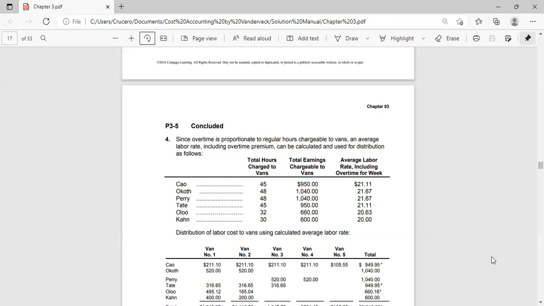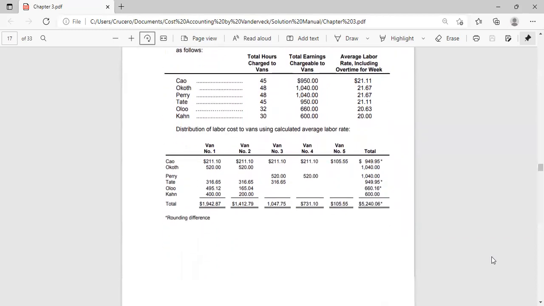Okay, so the second requirement, fourth, the amount of labor that's chargeable to each one, assuming that the overtime costs are proportionate to the regular hours used on the funds. Finally, we have the totals for the direct workers.